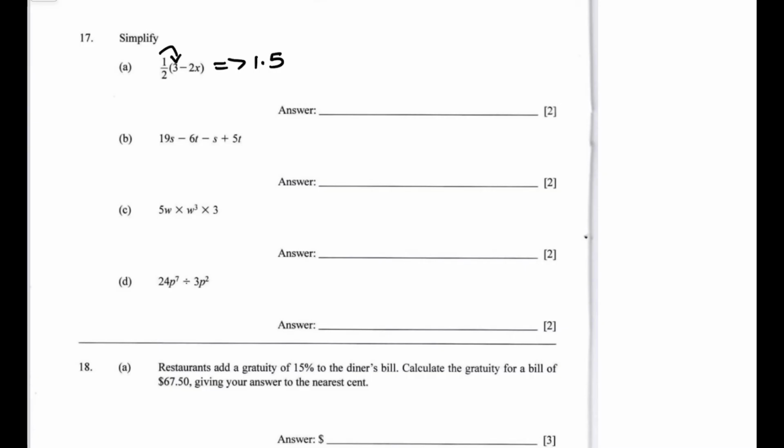So a half into 3 is 1.5, and then a half into 2x is just going to give us negative x, or negative 1x, but we know that 1x is equal to x, so we don't have to specifically write the 1 in front of it if we don't want to, because x and 1x is the same thing. So this expression simplifies to 1.5 minus x.